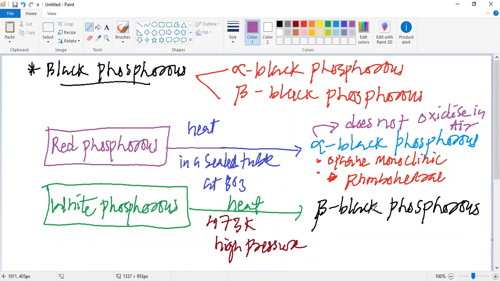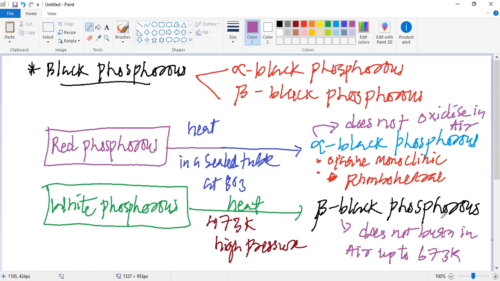Then what about the beta black phosphorus? This beta black phosphorus does not burn in air up to 673 Kelvin.